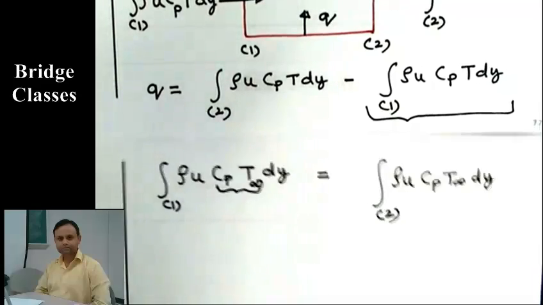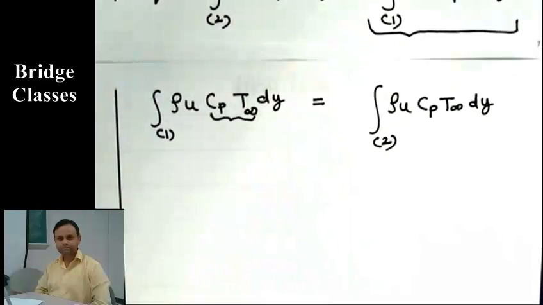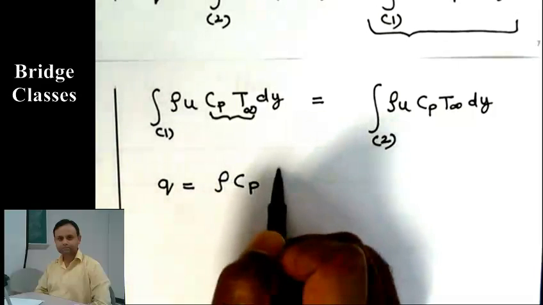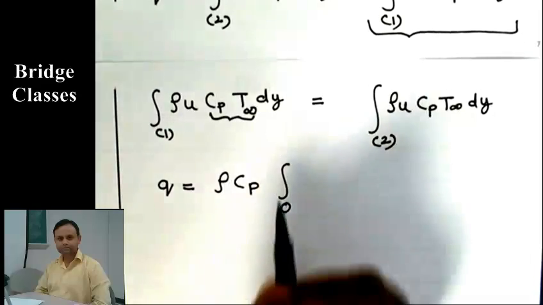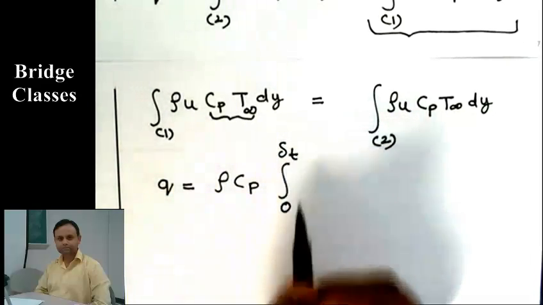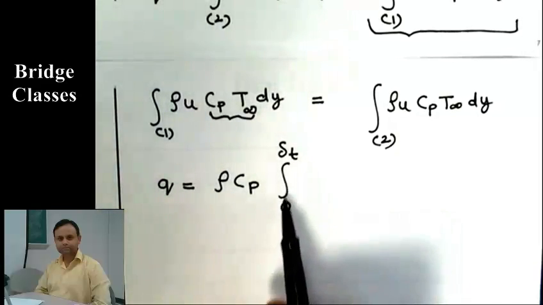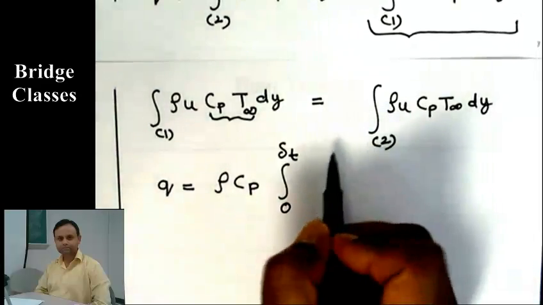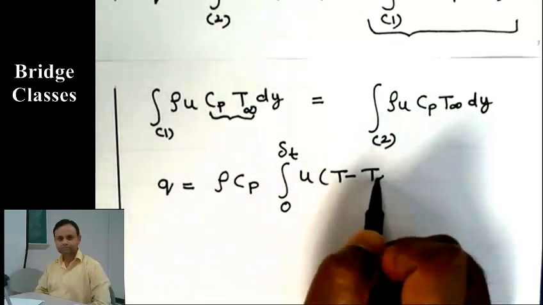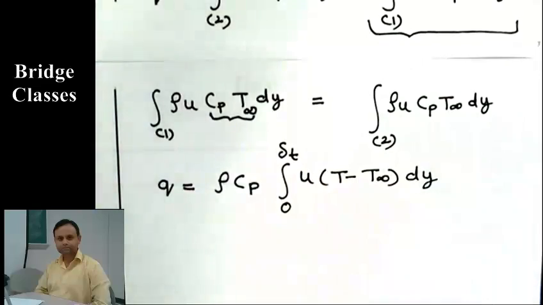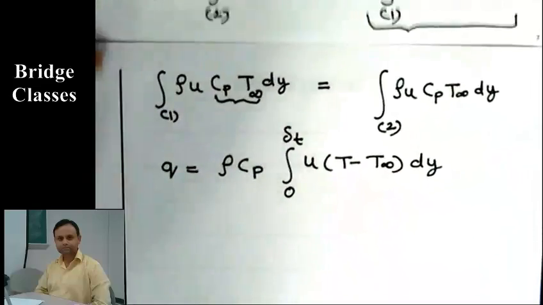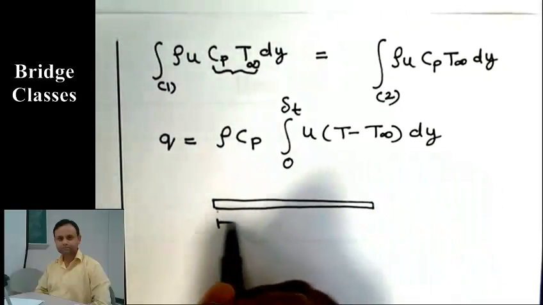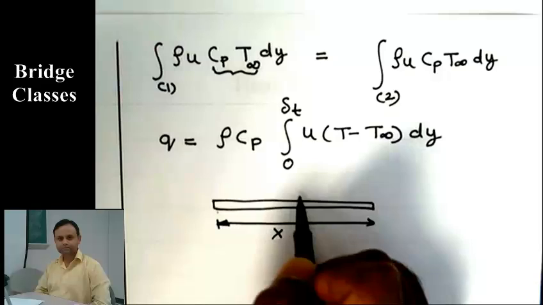You substitute this there, and the expression for Q becomes rho c_p times the integral from 0 to delta T of u (T minus T infinity) dy. We integrate only up to delta T, because beyond delta T this integral becomes 0, since the temperature is T infinity. This is Q.